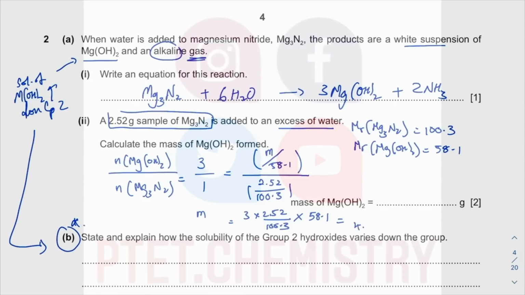And I got 4.379. This data were given to 3 significant figures, 1, 2, 3. I show the calculation with a lot of decimal places, a bit greater, before I round it up to 3 significant figures. So do not round up straight away. Always show it to a greater number of significant figures because it allows you to check your responses.